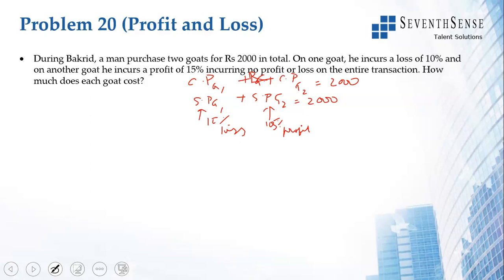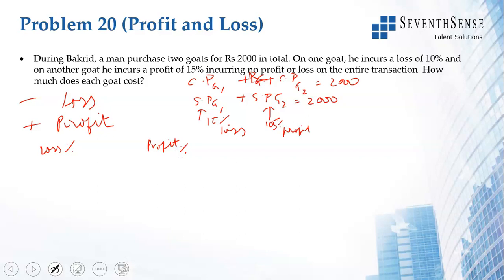Here what we can do: losses in mixtures and alligations are taken as minus, and profits are taken as plus. And no profit, no loss becomes 0. So if I write that here, loss percentage, profit percentage, because here it is loss and profit.